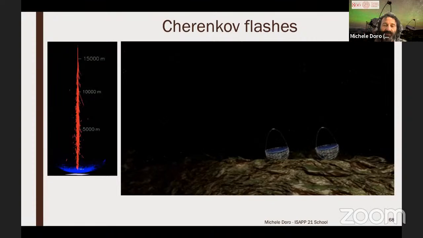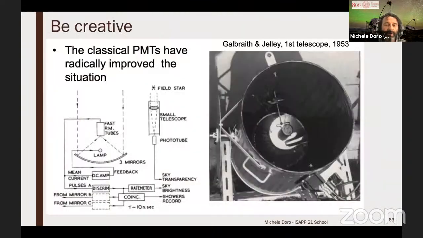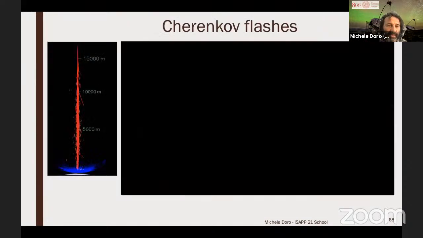Believe it or not, this is the main technique to be able to see TeV photons. So how does this work? Well, I will get back to the Cherenkov features later. But the idea is that you have to have superluminal electrons.